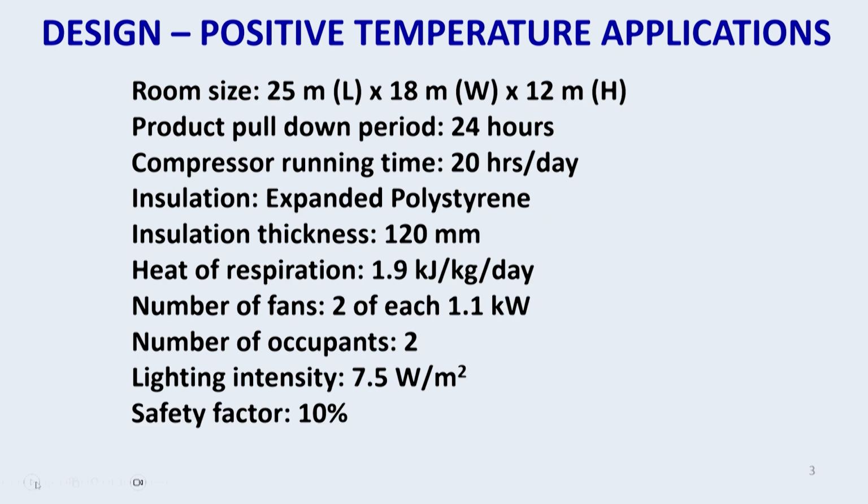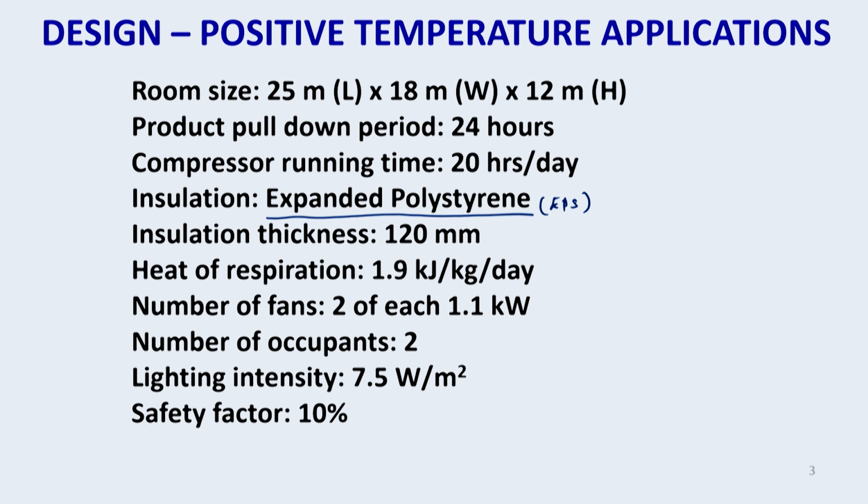Dimension of the room is given, length, width and height. Product pull down period is 24 hours. Compressor running is 20 hours per day. Insulation is expanded polystyrene. For the previous problem, it was given puff polyurethane foam. For this problem, the insulation material is expanded polystyrene.